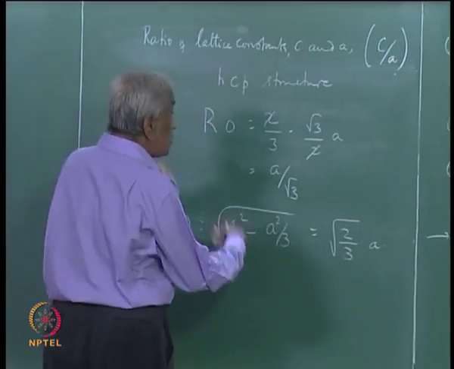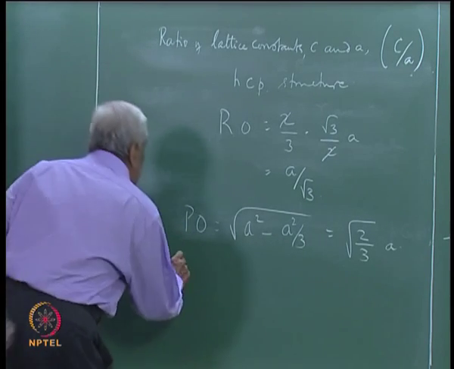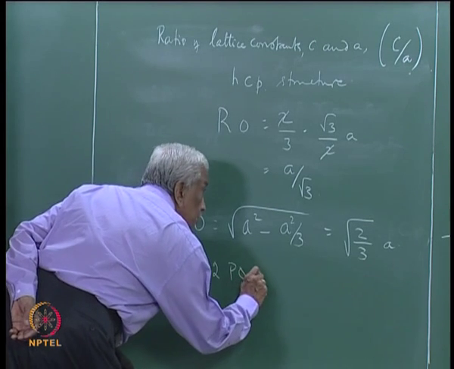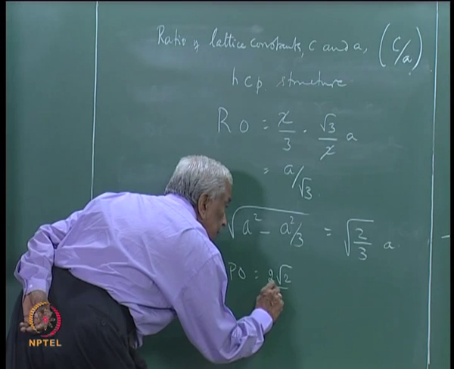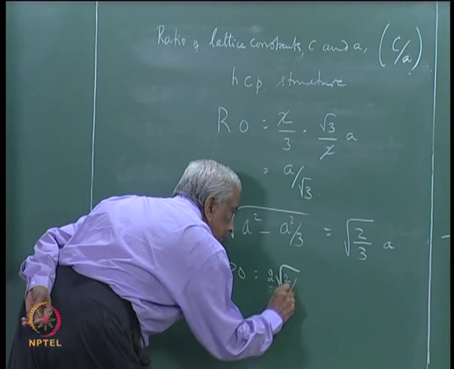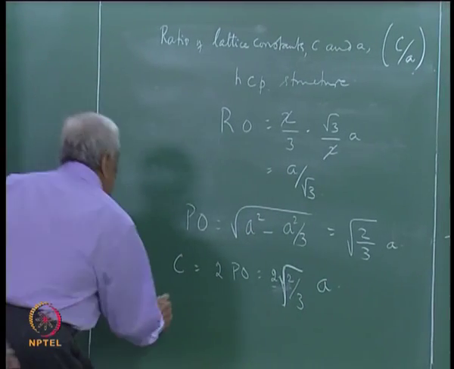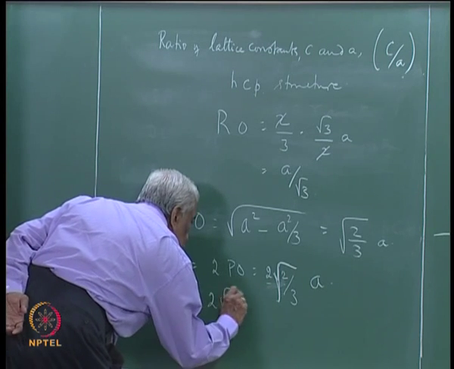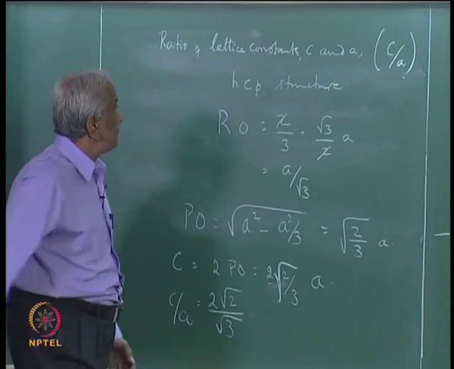So, the actual C axis is twice PO, and therefore, it is 2 root 2 by 3 A. And therefore, the C by A ratio is 2 root 2 by root 3.